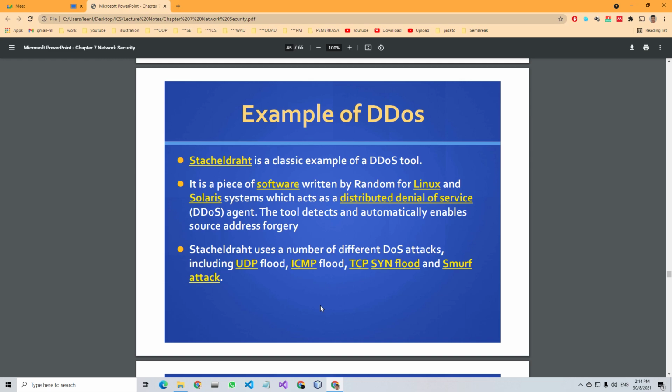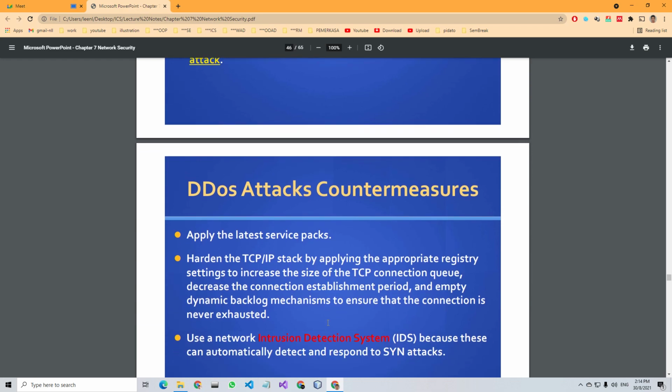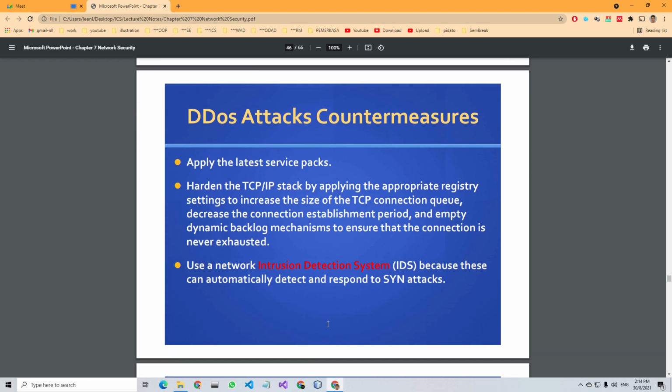Next one, countermeasures. So how to solve it? Apply the latest service packs. After that, change the settings to increase the TCP connections. Use an intrusion detection system. This one we will cover later.